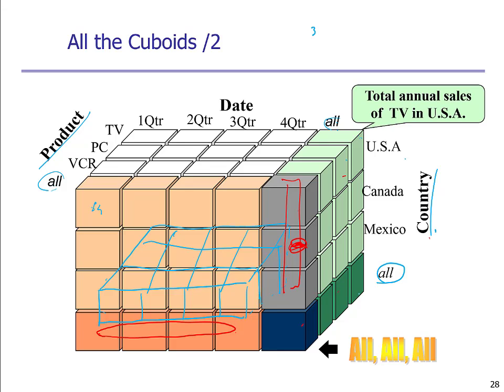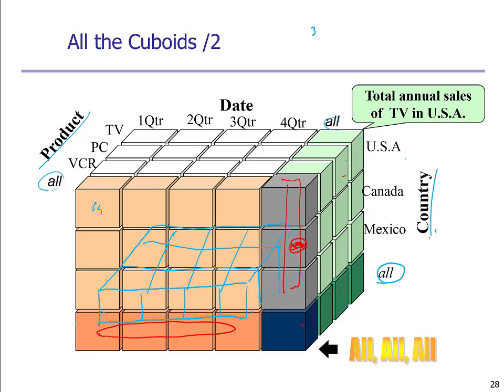Let me see if I can find an easier way for you to remember or understand this. Oh yes. So basically, as you can see, for this cuboid, the only dimension that has multiple cells is this one.